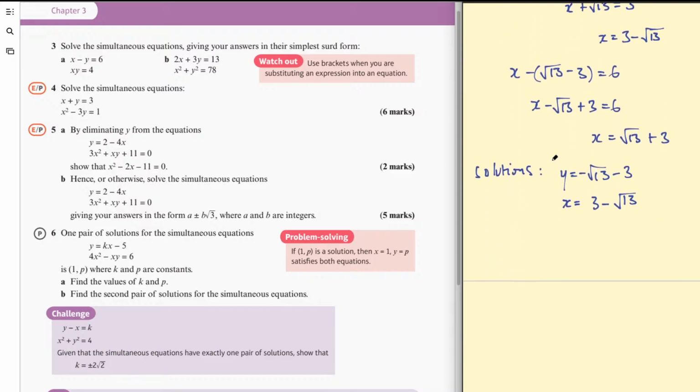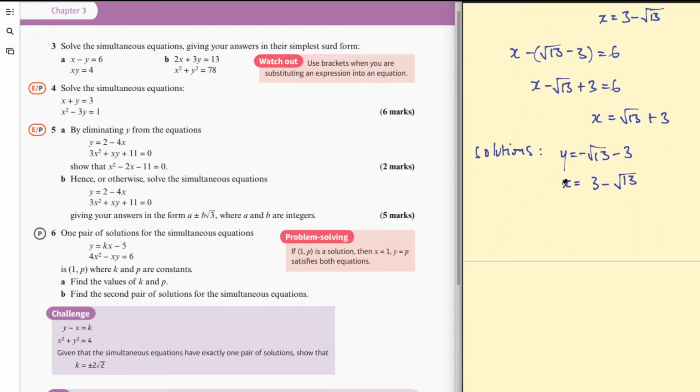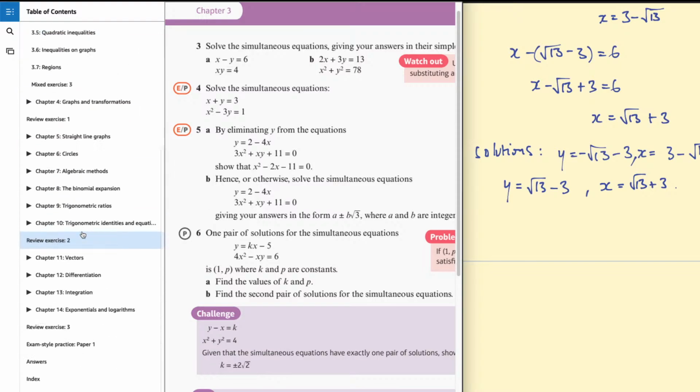So this might be something new. So that's one solution. And then the other solution was y equal to root 13 take 3 and x equal to root 13 plus 3. Okay, I want to check that just to make sure I got those correct.